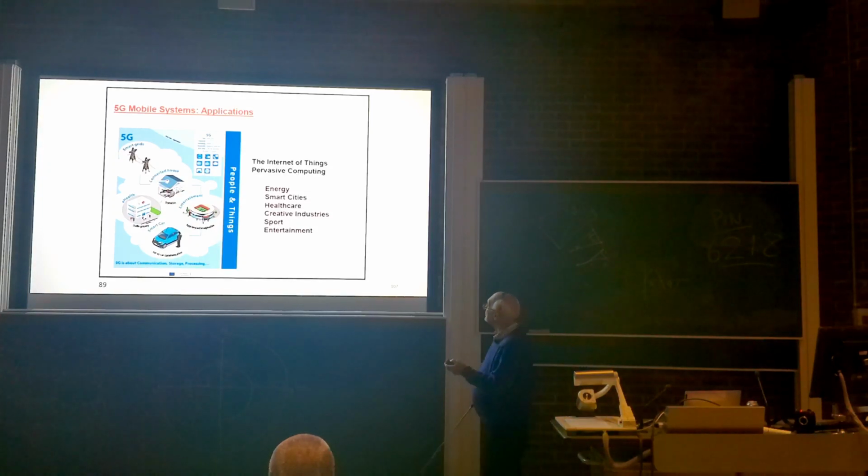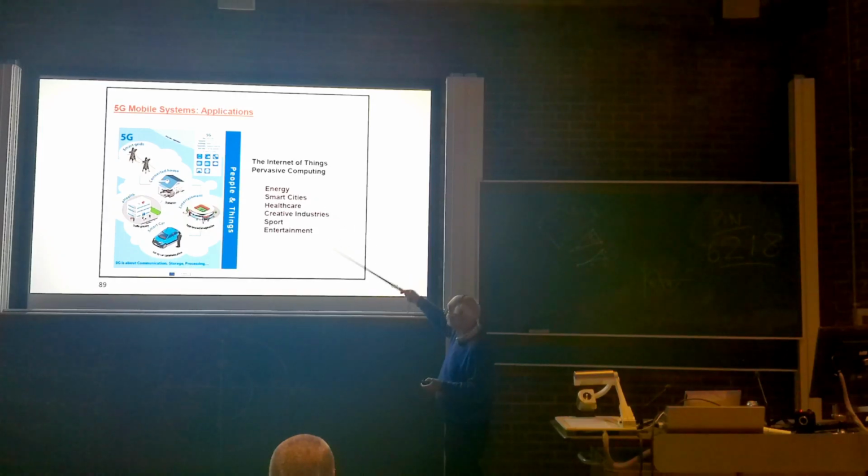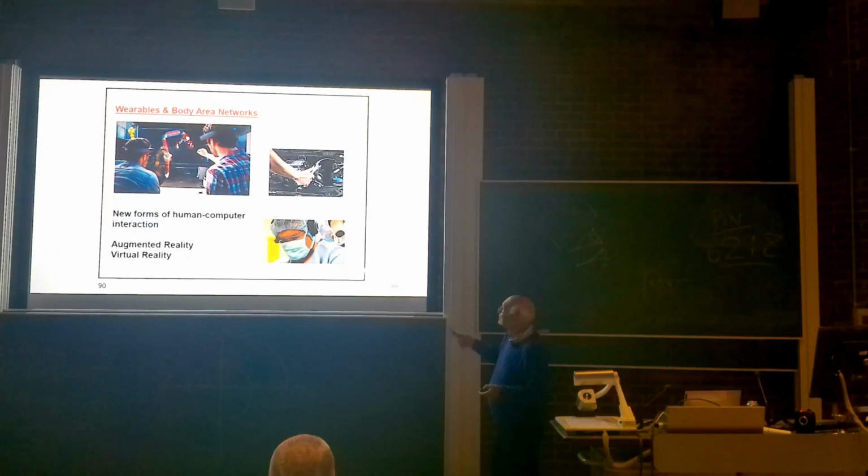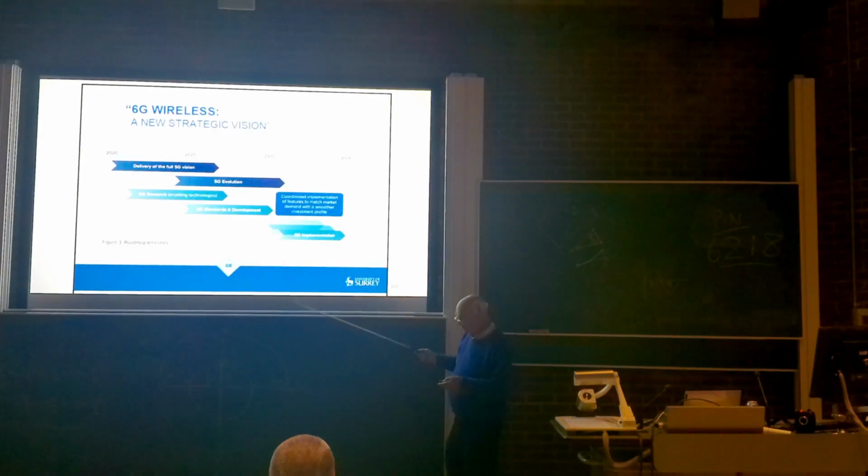Moving on: Internet of Things, pervasive computing, all these kinds of things for 5G, and wearables, body area networks, new forms of 5G, augmented and virtual reality, etc. The most important thing about 5G, and particularly 6G, is much lower latency.